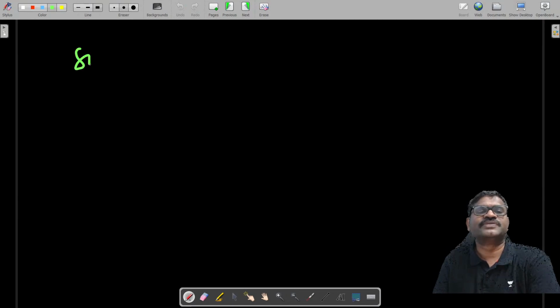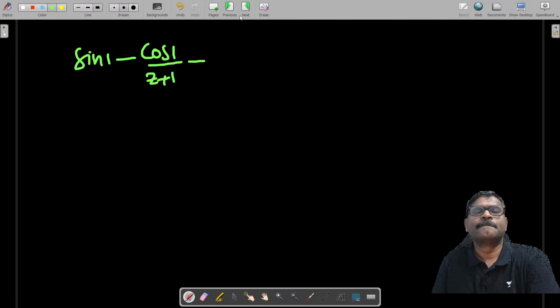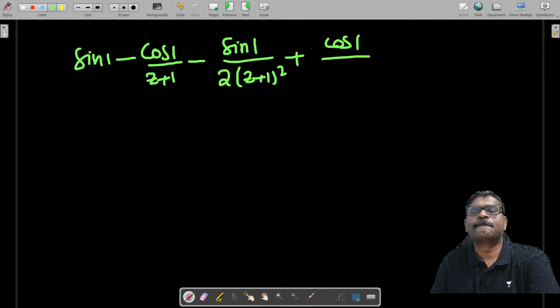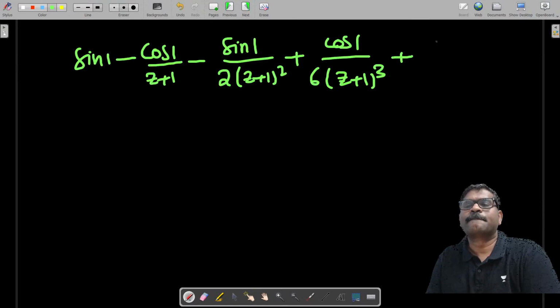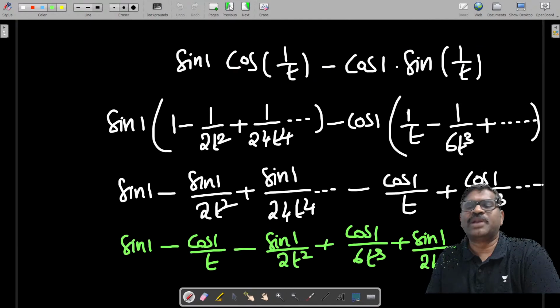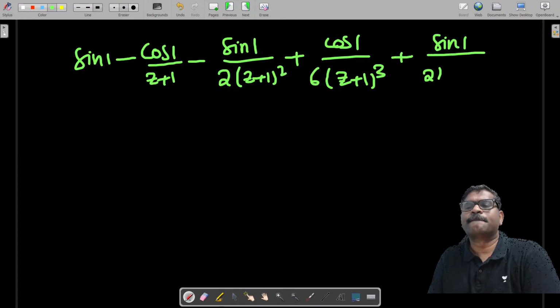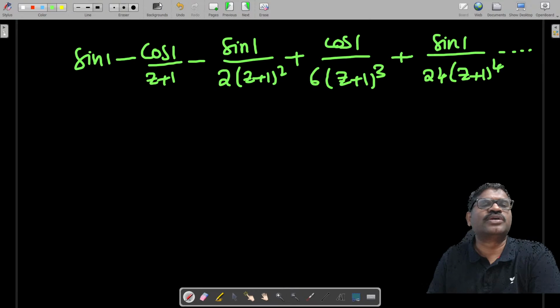That can be written as sin 1 minus cos 1 by z plus 1, minus sin 1 by 2 into z plus 1 whole square, plus cos 1 by 6 into z plus 1 whole cube, plus sin 1 by 24 into z plus 1 whole power 4.